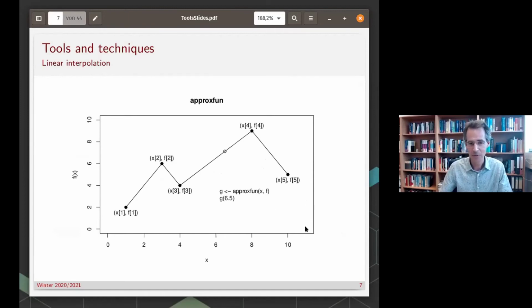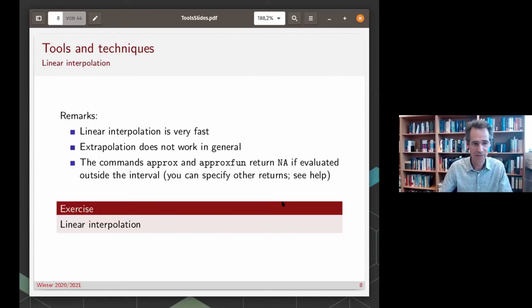And even at point 11, extrapolation in general is a problem, not only for linear interpolation, but for any kind of approximation. The commands in R just return NA, not available or missing, if they are evaluated outside the interval.